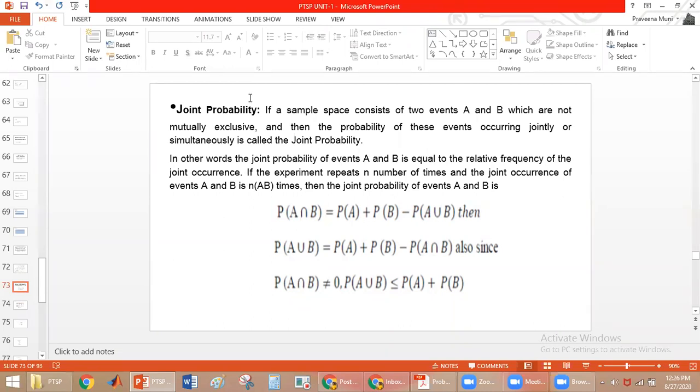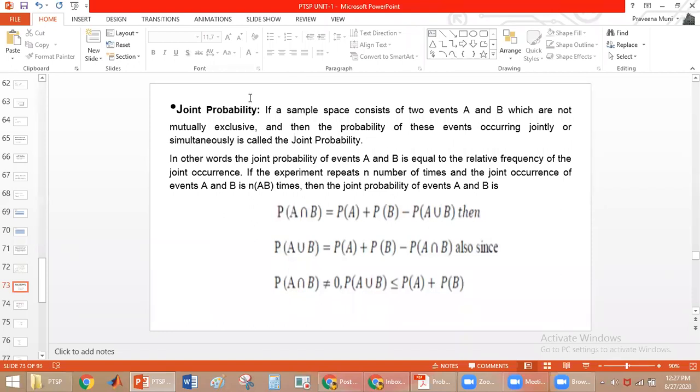For two events A and B, the common elements form the event A intersection B. So if A intersection B is not equal to the null set, then those two events are not mutually exclusive.